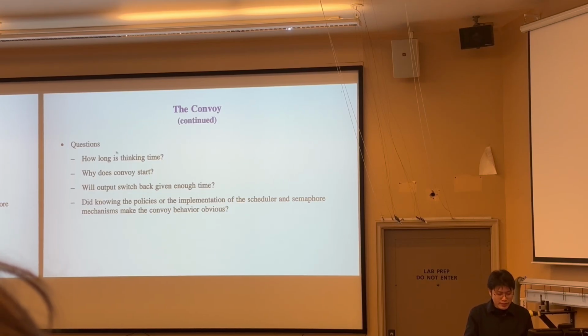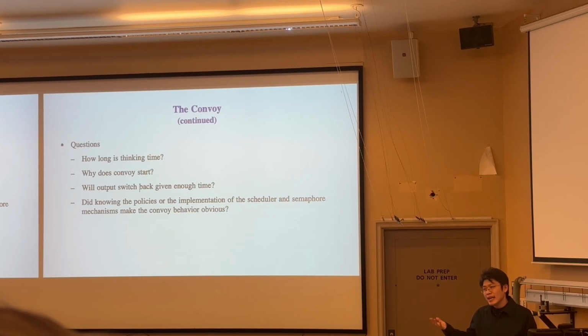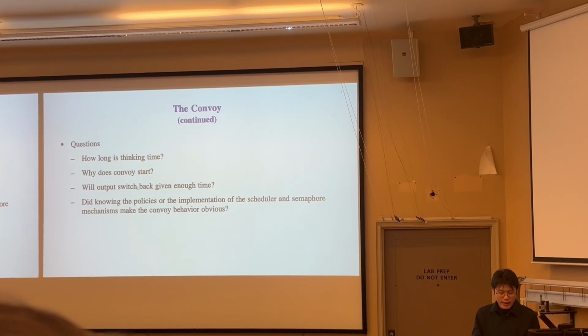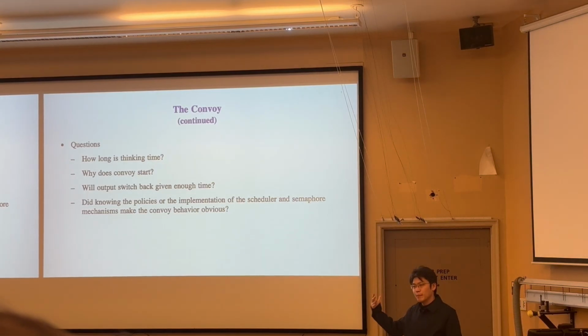Yeah, I think these questions are simple to answer. And how long is thinking time for you guys? Why does a convoy start? We already explained it. Will the output switch back? If lucky, you might be, but the initial state, 28 A, 28 B, 20 C, is not very stable, right?